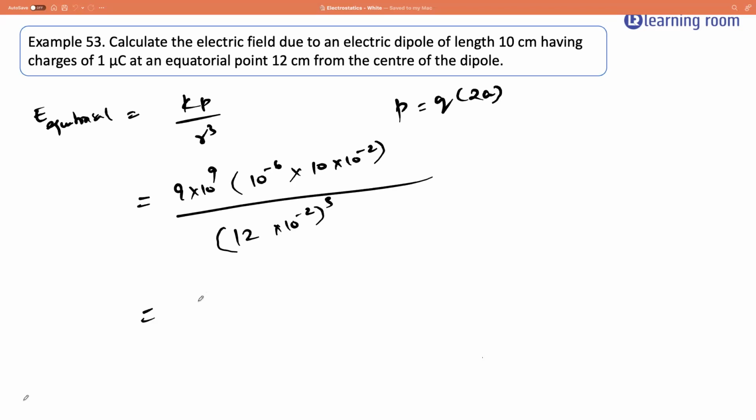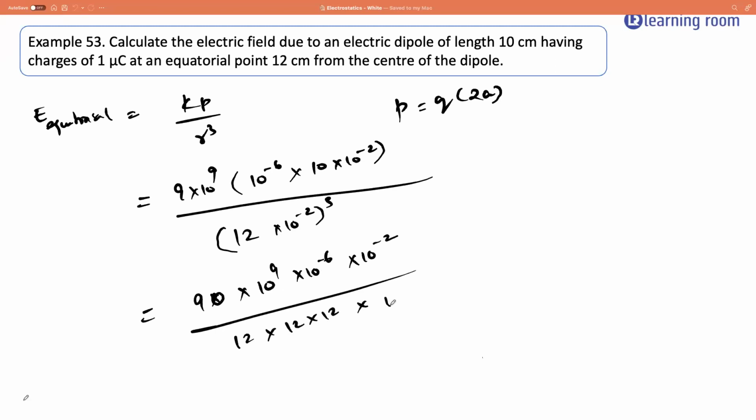So this is going to be 90 into 10 power 9 into 10 power minus 6 into 10 power minus 2 divided by 12 into 12 into 12 into 10 power minus 6. This and this will get cancelled. 90 I can cancel with 3. So this 10, 4.